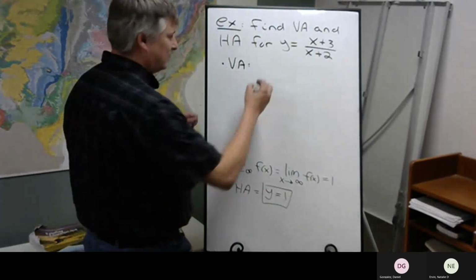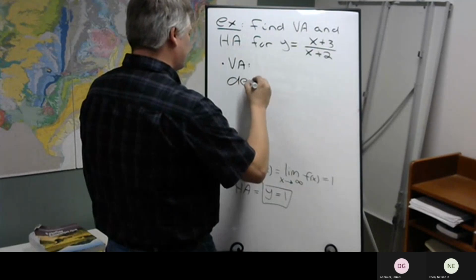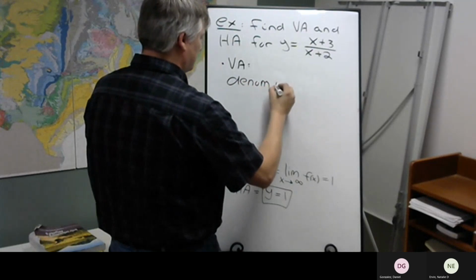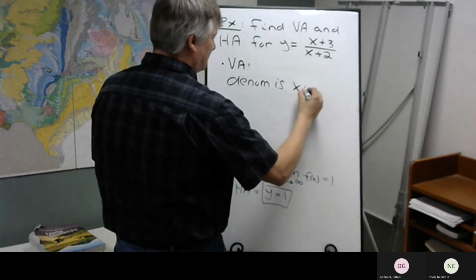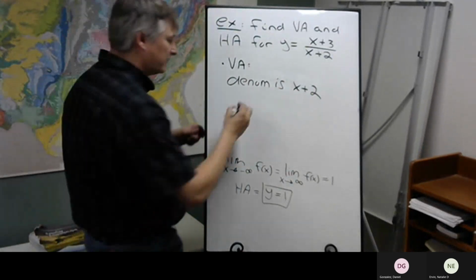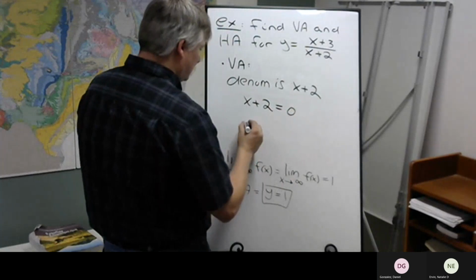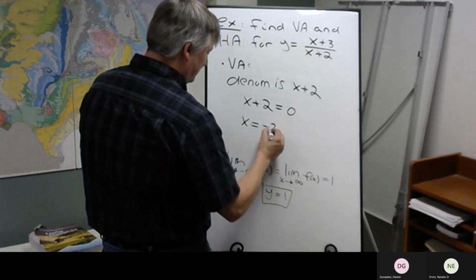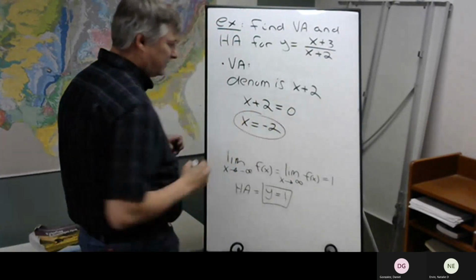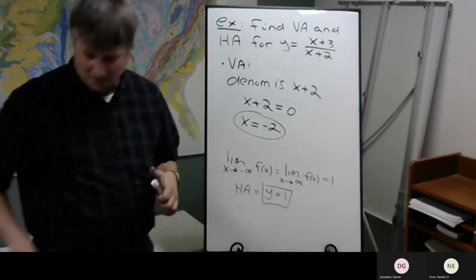So first off, we'll note that the denominator is x plus 2. So let's set this equal to 0. And so what we're going to get is really a good candidate vertical asymptote at x equals negative 2.